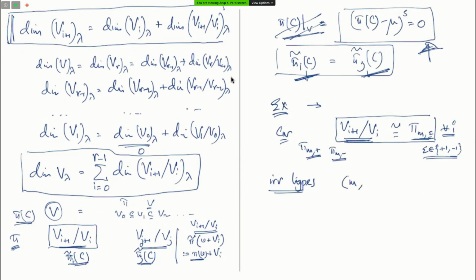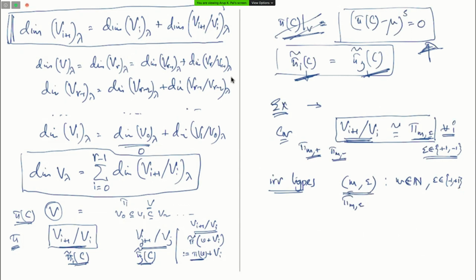The types are indexed by m and plus minus. So this pair, any one of them. So these are all irreducible types, and we are denoting them by pi m epsilon.